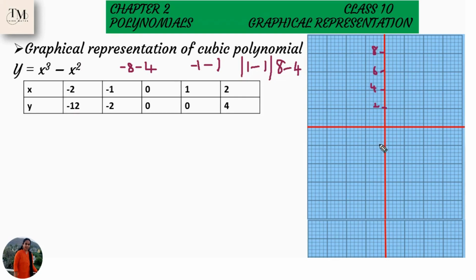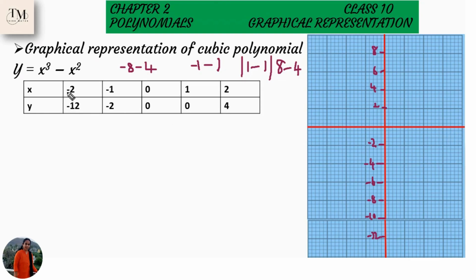In the same way, minus 2, minus 4, minus 6, minus 8, minus 10, minus 12. Okay. So 2 points for the y-axis. For the x-axis, it is 1 point.